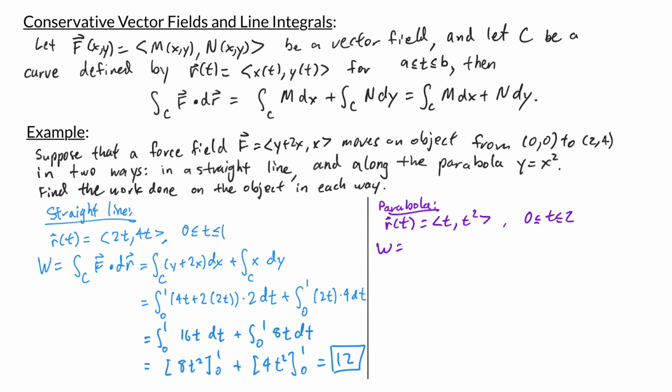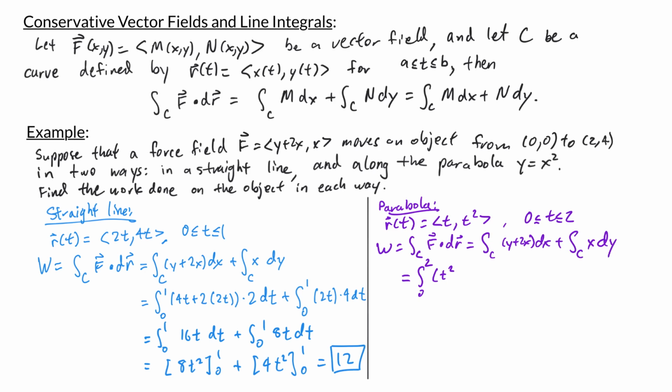So my work done would look like the integral over my curve of F dot dr, which is the integral of the x component of the force field, that's y plus 2x, dx, plus the integral of x dy. This equals the integral from 0 to 2. y in this case is t squared.